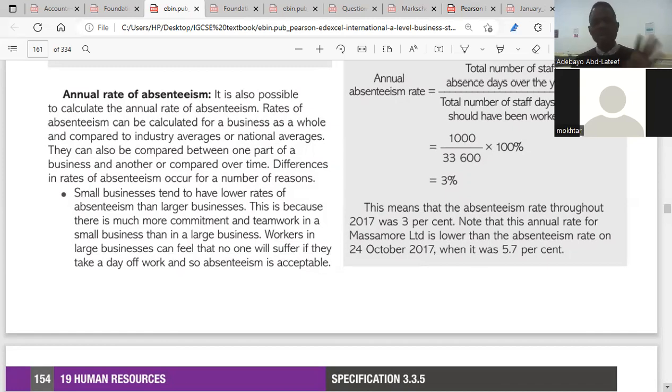But here, we're talking about why it is difficult to calculate and compare the rate of absenteeism, and what causes differences in the rate of absenteeism. The first one, small businesses and large businesses.